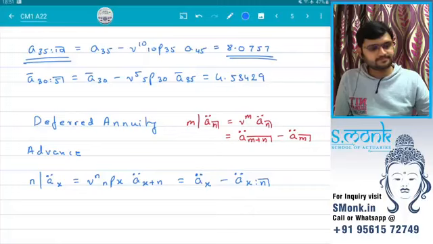Similarly, we are making a deferred annuity here.